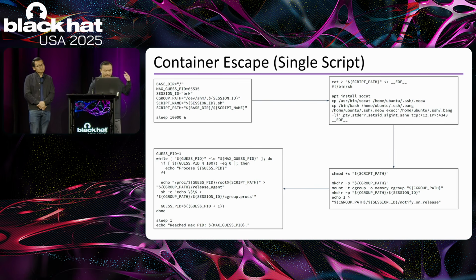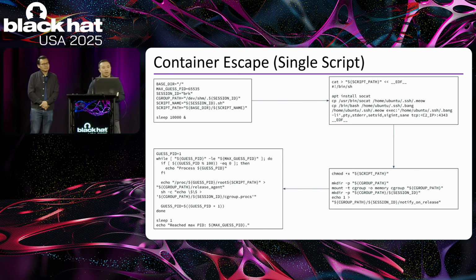As I mentioned in the beginning of the campaign, the container uses cgroup v1, and it's vulnerable to the cgroup release agent escape. The way this exploit works is it targets the cgroup v1 memory controller's release agent. In the first snippet of the exploit, it configures some environment variables.